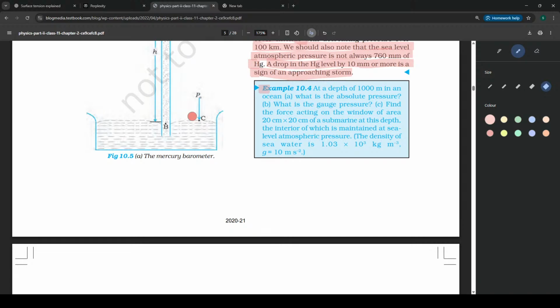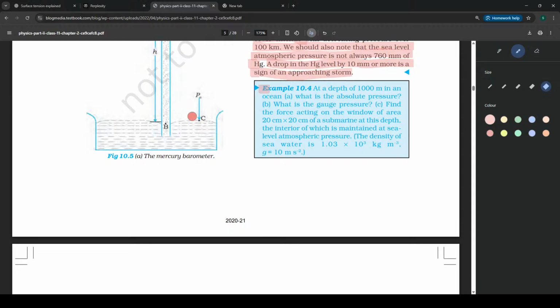Find the force acting on the window of area 20 x 20 centimeter square of a submarine at this depth, the interior of which is maintained at sea level atmospheric pressure. The density of seawater is 1.03 into 10 power 3 kg per meter cube, and g is equal to 10 meter per second square.